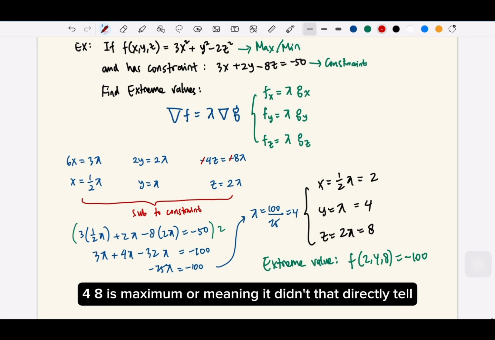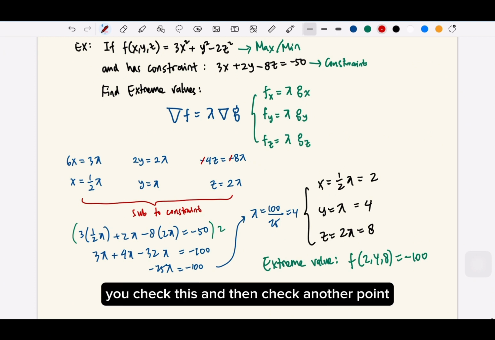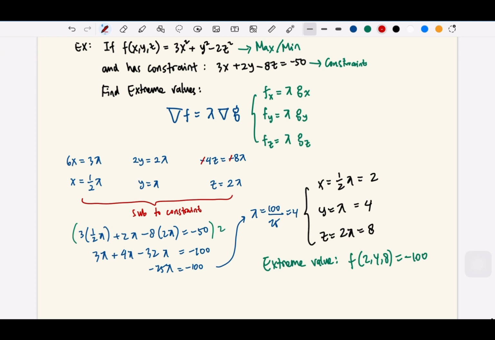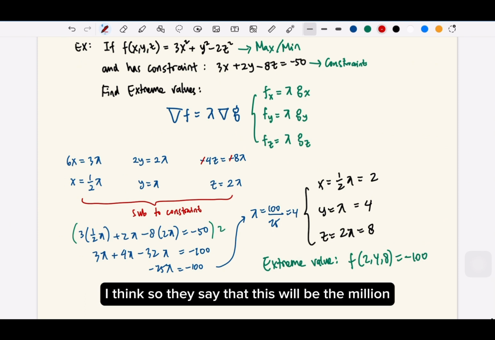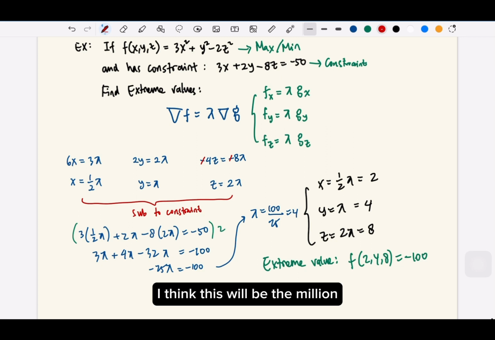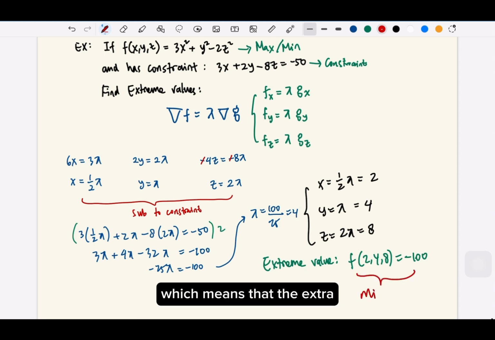It didn't directly tell, so you need to check. For example, you check this, and then check another point. Can it be more than that? I think it can. So we can say that this will be the minimum value, which means that the extreme value that we find is a minimum.